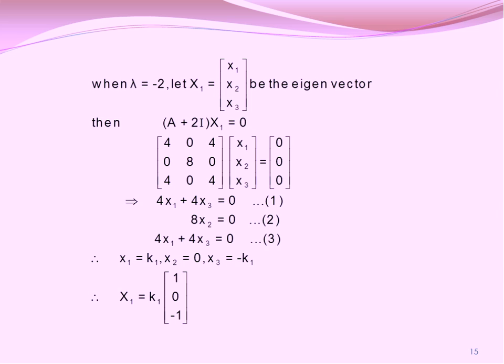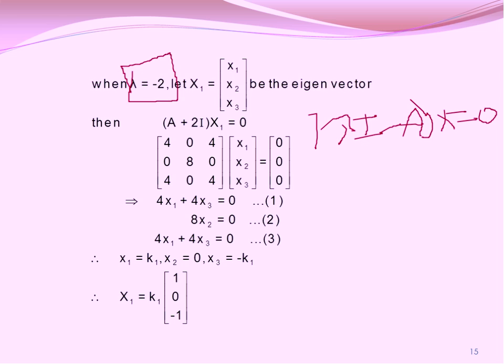So next we move. Similarly, we find the eigenvector corresponding to all 3 eigenvalues. So the eigenvector corresponding to lambda is equal to -2. Again, there is a formula to find the eigenvector: lambda I minus A into x is equal to 0.